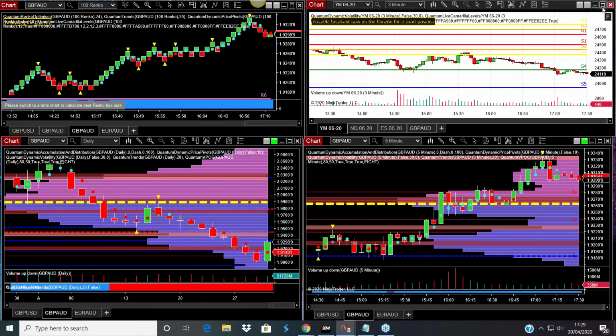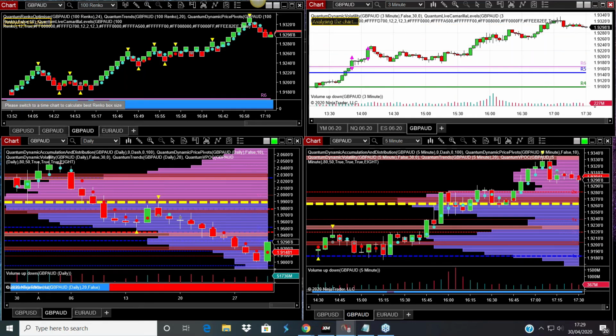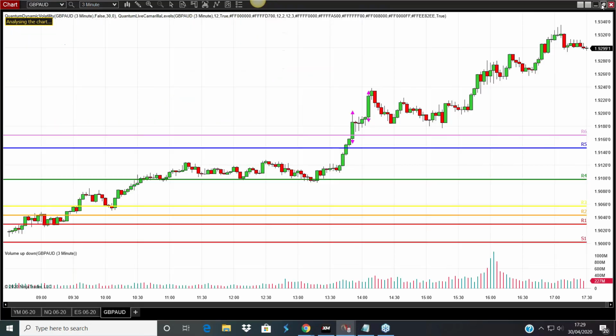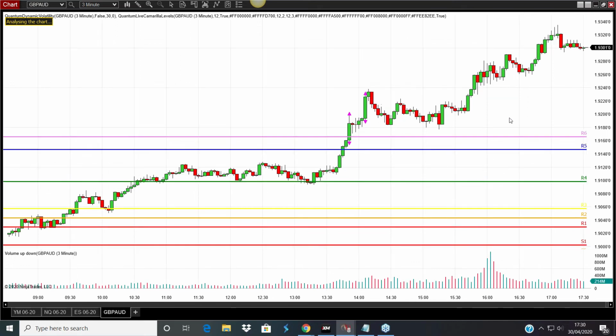If we look at it from the perspective of the pound Aussie, this has been the move in the pound Aussie. This has really absolutely taken off. It went way beyond the R4. We have 6 levels that we have developed for this indicator, and it's gone through here as well. With this indicator, up to but not including the hourly chart, these are the levels that the indicator delivers.